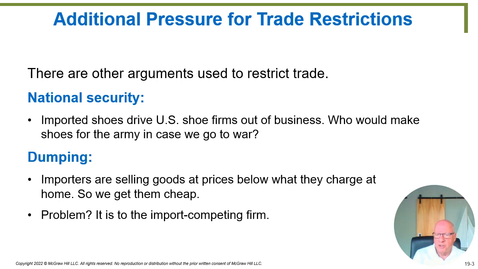And this means, of course, that we in the United States are getting the product cheap. But of course, this hurts the import competing firm in the United States. And they oftentimes complain to Congress saying it's not fair for us to compete against these quote-unquote dumped goods in our market.